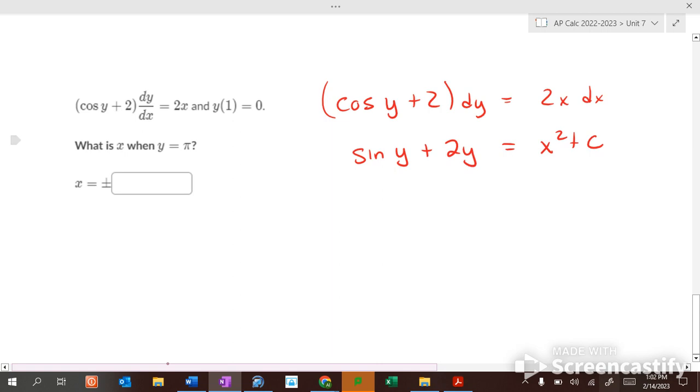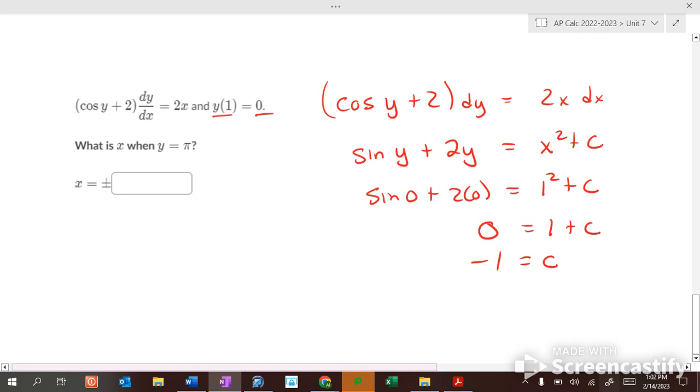Then, when x is 1, y is 0. So the sine of 0 plus 2 times 0 equals 1 squared plus c. Well, the sine of 0 is 0. 2 times 0 is 0. So 0 equals 1 plus c. So c equals negative 1.